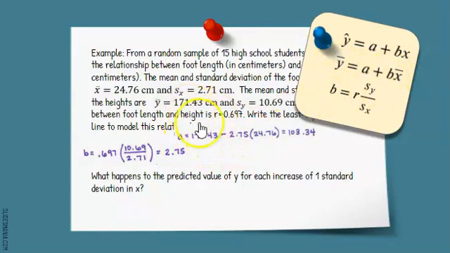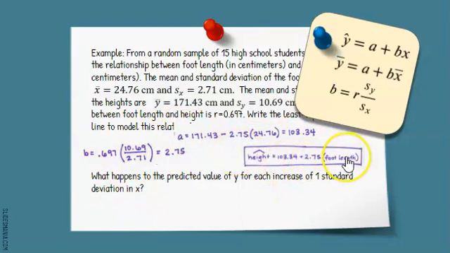So I have y bar, 171.43, minus my slope times my x bar equals this. Now I have b, now I have a, so I can write my equation. Height hat, because that's the predicted thing we're looking for, is 103.34 plus 2.75 times foot length.